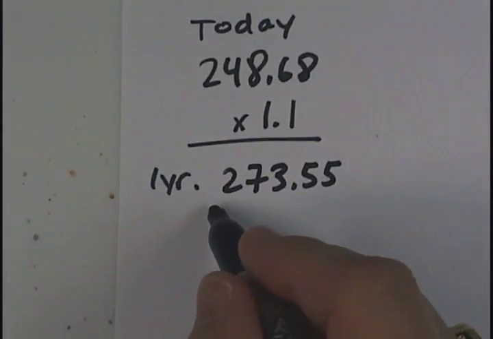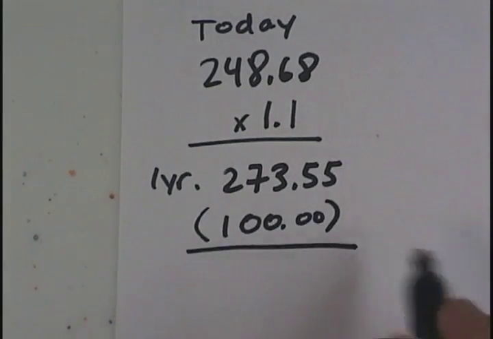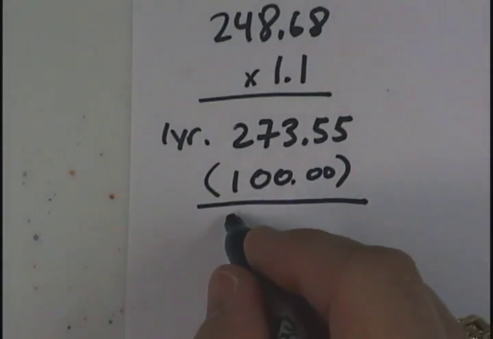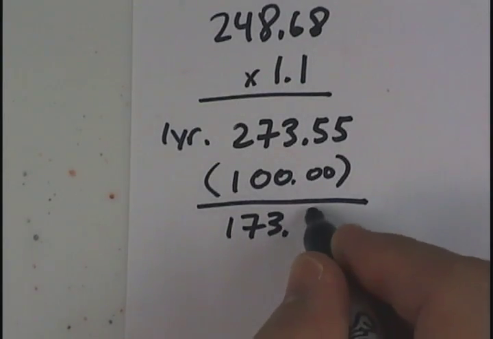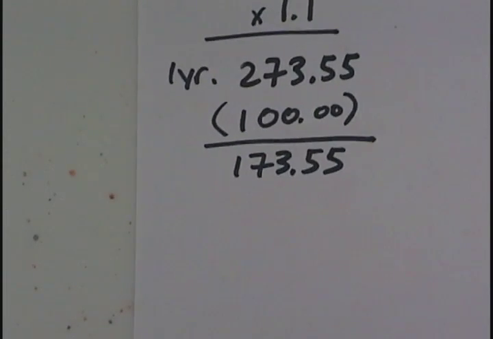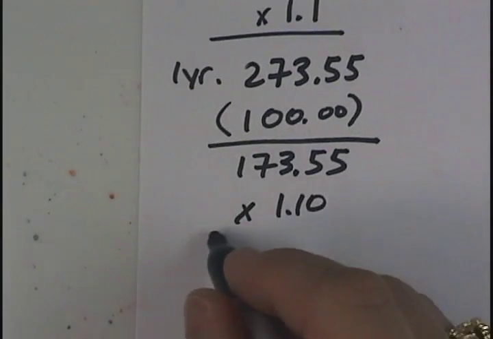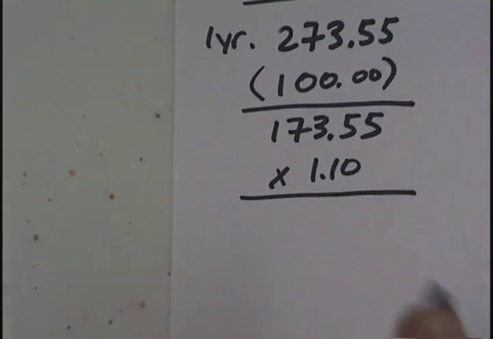I was entitled to a $100 payment 1 year from now, so I'll pull that out, and that will leave me $173.55. I'll invest that at 10%. That was my discount rate, so I should also be able to compound at that rate.